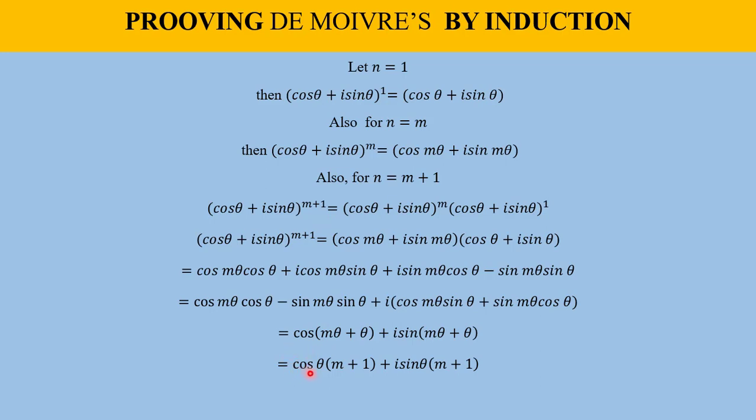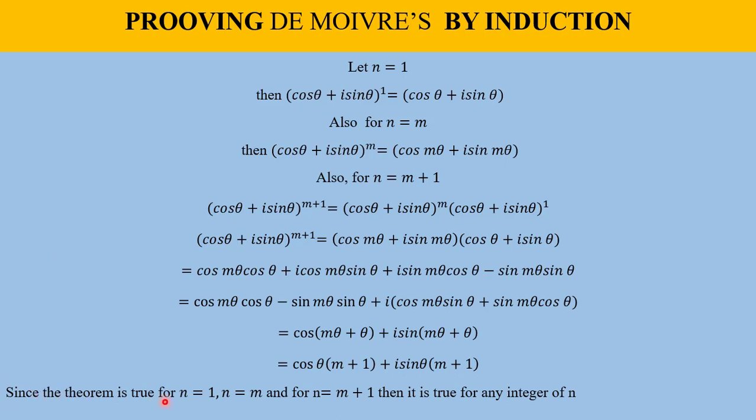Meaning that since the theorem is true for n equal to 1, which we have seen here, n equal to m, which we have also seen here, and for n equal to m plus 1, which we have also seen here, then it is true for any integer n.